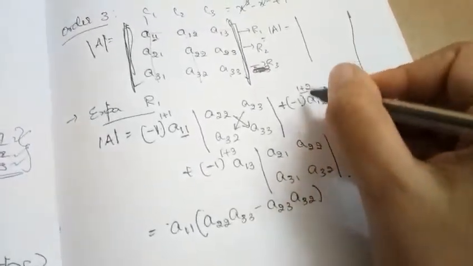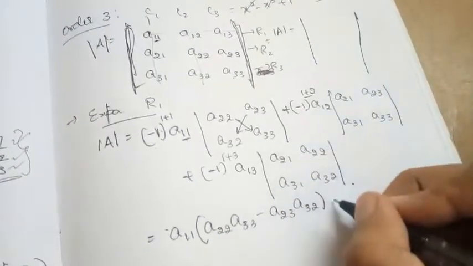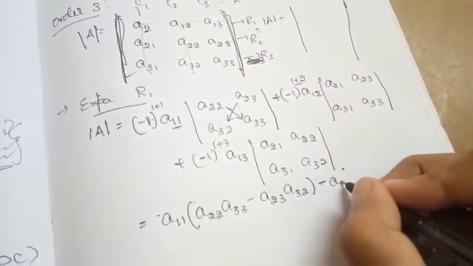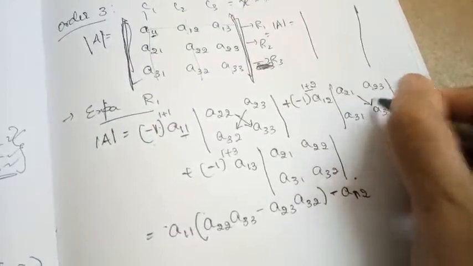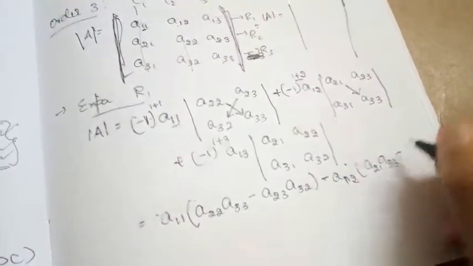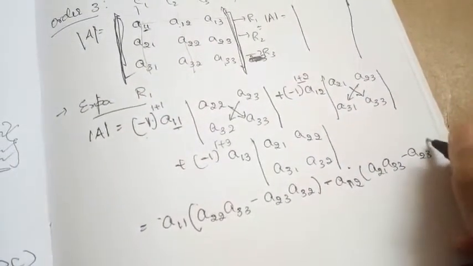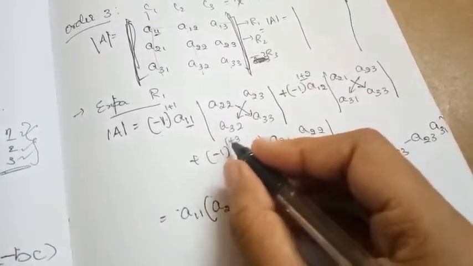Again here minus 1 to the power 1 plus 2, it is an odd number, so minus 1 to the power odd number is always minus. So minus A12, multiplied by the determinant value of this one, A21 into A33 minus A23 into A31. Next, minus 1 to the power 1 plus 3. 1 plus 3 is nothing but 4.